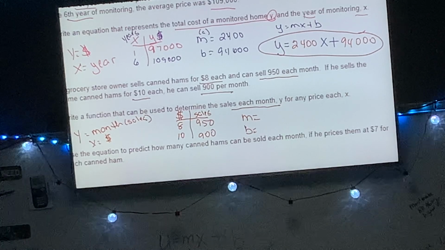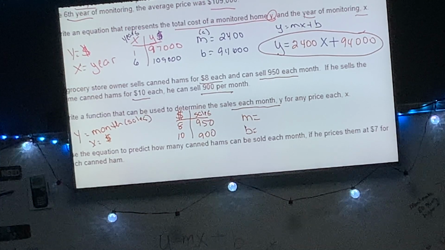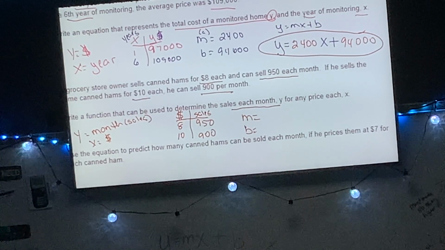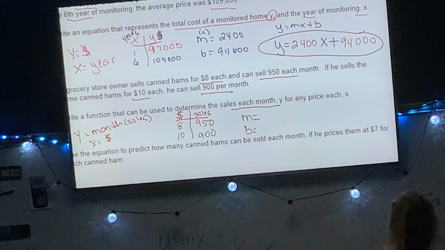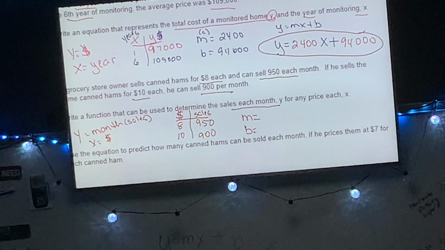What is your slope? That's what? 405? Okay. What'd y'all get? Negative 25. Whew. Negative 25.